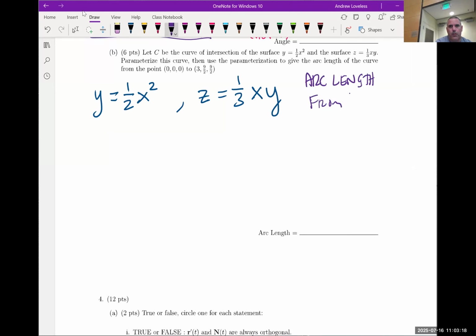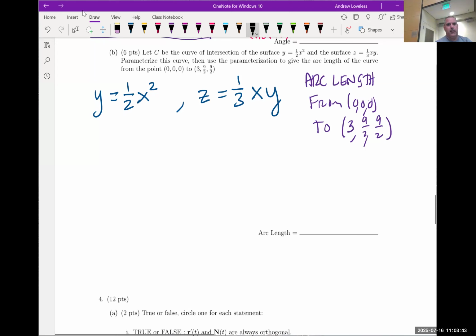If you go from the point 0, 0, 0 to 3, 9 halves, 9 halves. So if you found the intersection of those two things, the length. So let's think through the issue. We have a formula for arc length.